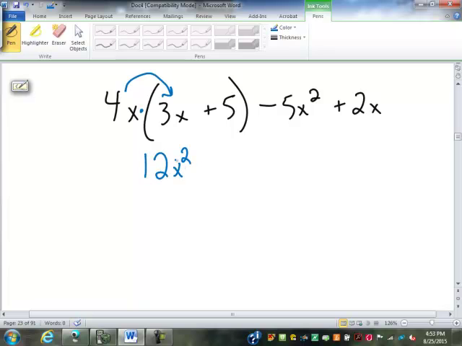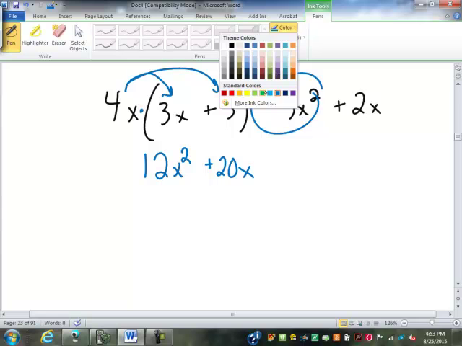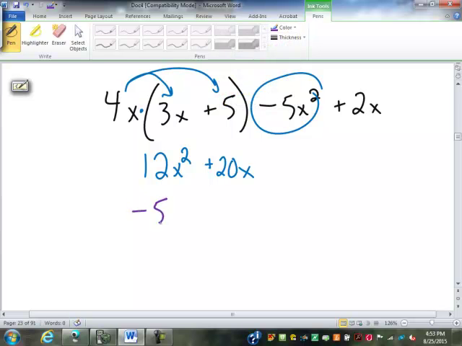And then 4x times the 5, which is 20x. Good. Now what? So we have the negative 5x squared, which we're going to take from where? The 12x squared. Good. And you have the 2x, which we're going to combine with 20x.